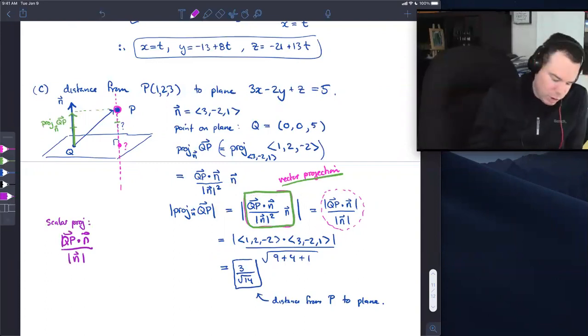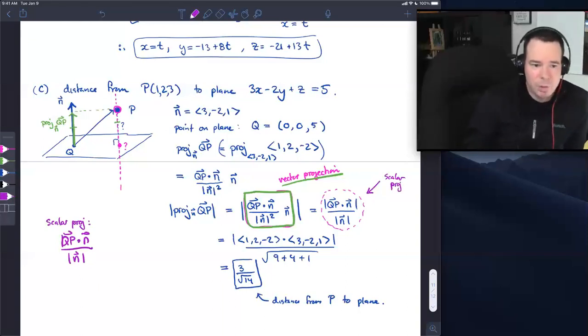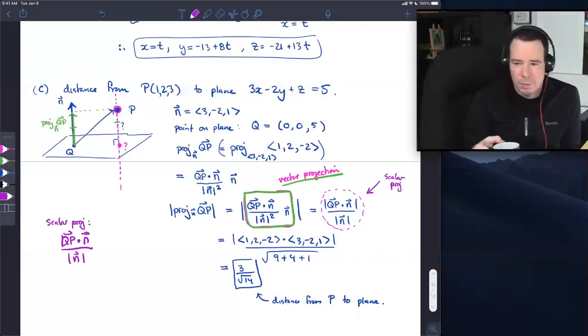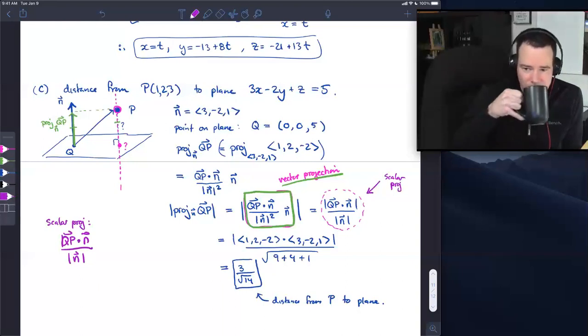That's the scalar projection, and that's precisely what this is here. So your question was, is that just the scalar projection? The answer is yes. The distance from a point to the plane is obtained by taking the scalar projection of a vector that points from an arbitrary point on the plane to the point P, onto the normal vector.